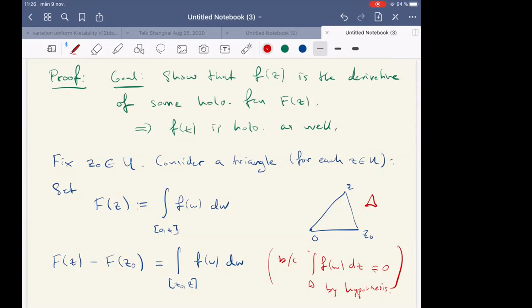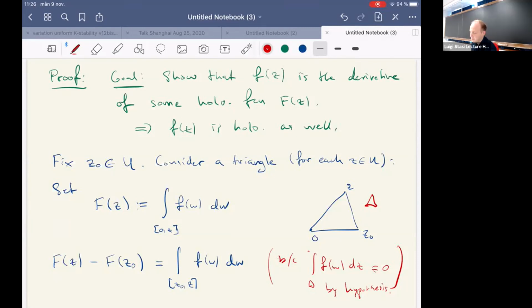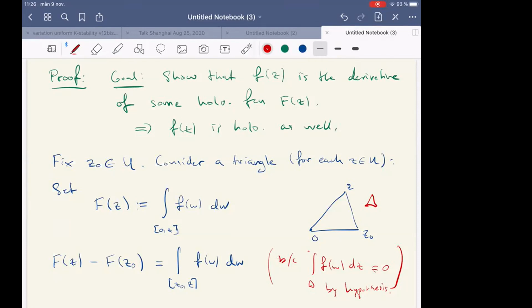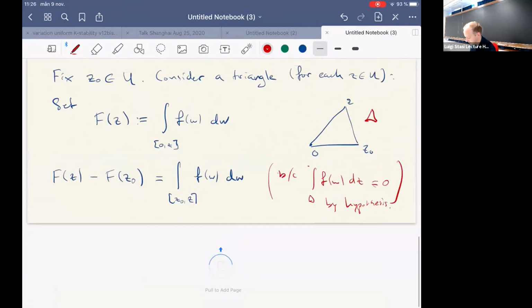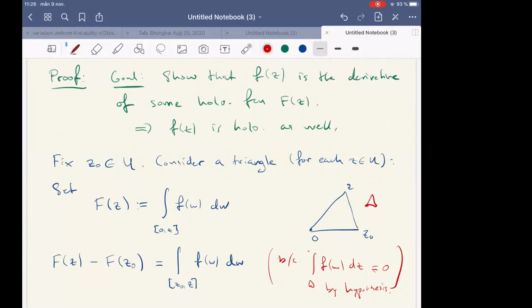I think if we take z sufficiently close to z0, we can say it's convex when it's really close, because they are all in the same ball or something. Yeah, but you could also argue that maybe 0 is not even inside U to begin with, so it's really important that we can take some point instead of 0. Because we are going to differentiate, it's okay to take them close.